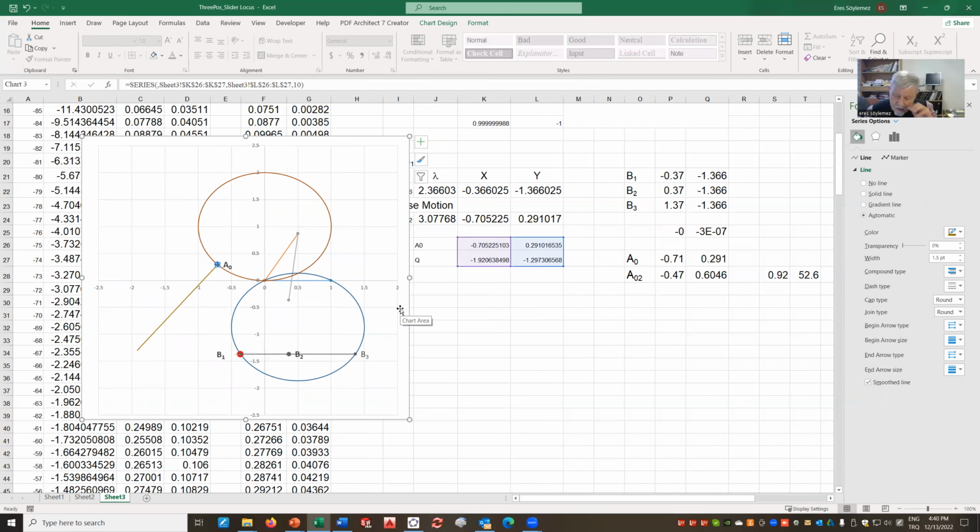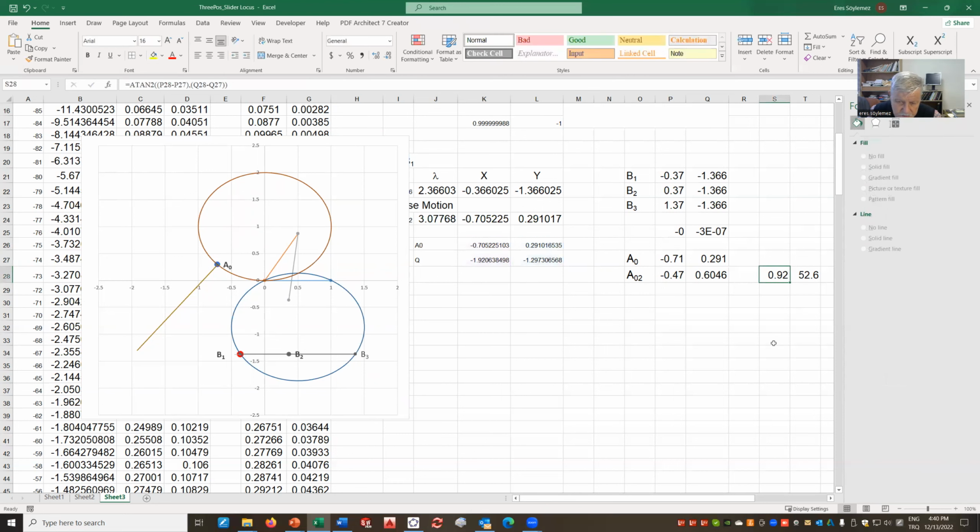You have to remember your knowledge from high school or from calculus. I have a function, y is equal to mx plus y, which I can write y is equal to y1, which is the y coordinate of A0, plus m, the slope, which is tangent of this angle, 92 degrees, times x minus x0.